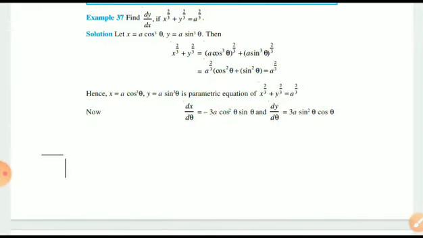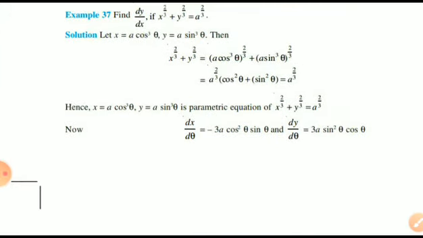Now see the next question. This is the question in your text itself. You have to find dy by dx if x raised to 2 by 3 plus y raised to 2 by 3 is equal to a raised to 2 by 3. Now see what they have done is they have made use of parametric form.